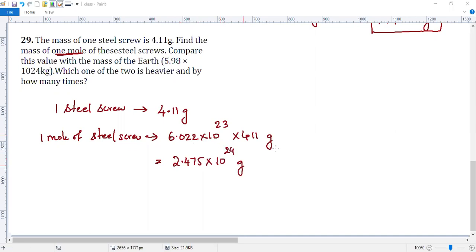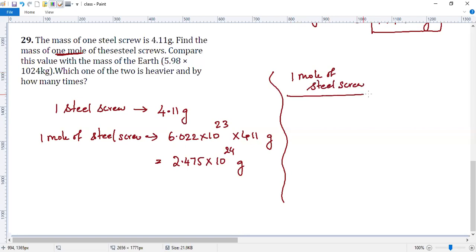Okay. So now this particular value, I am going to compare it with the mass of the Earth. What is it? 1 mole of steel screws. I'm going to divide it. Okay. I'm going to find the ratio with that of the mass of Earth.